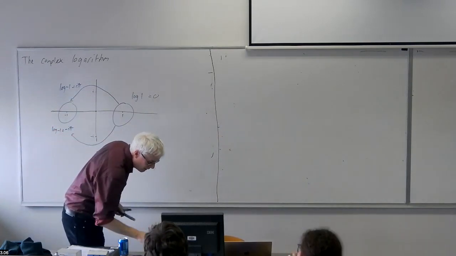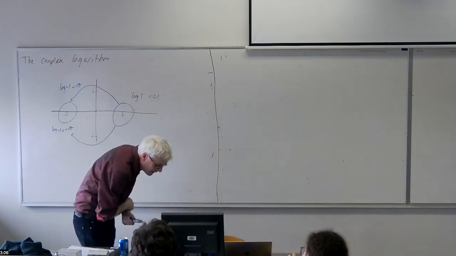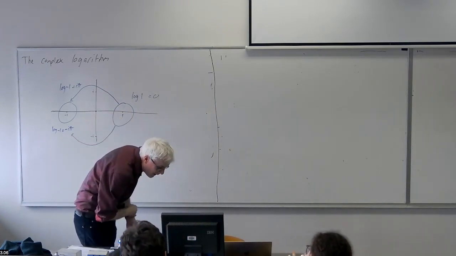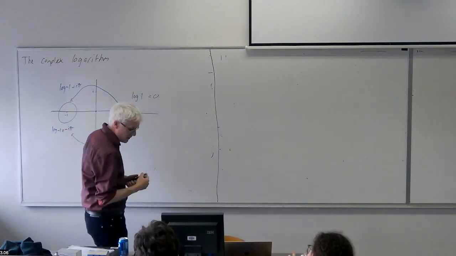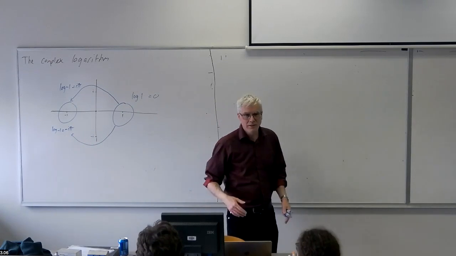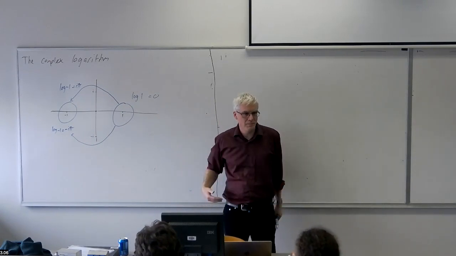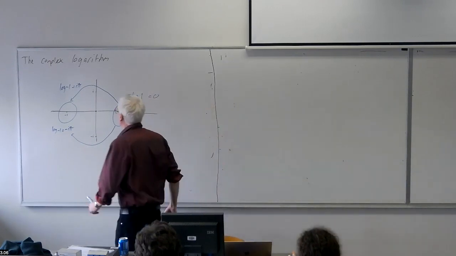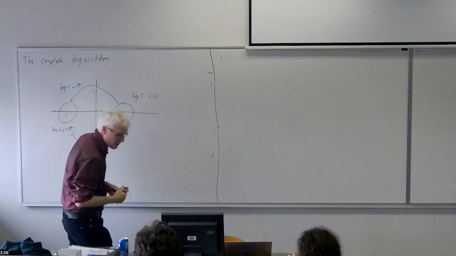I'm not going to draw a picture because I tried to when I was writing the notes, and I didn't like what came out. So the true analytic continuation defines it on a sort of geometric surface called a Riemann surface, which is a complex manifold that projects down to the complex plane.